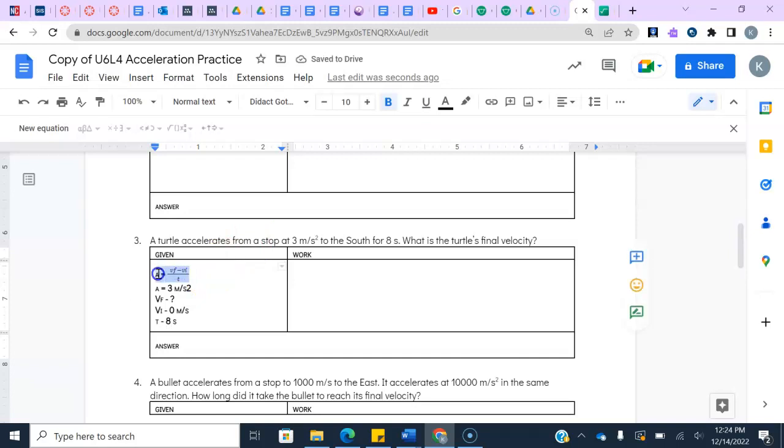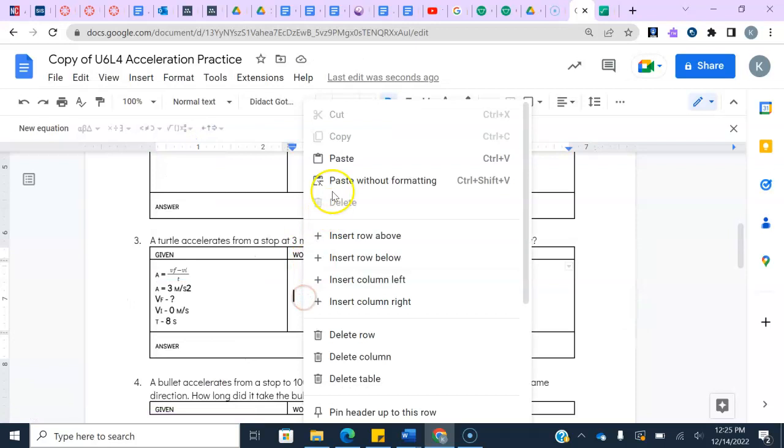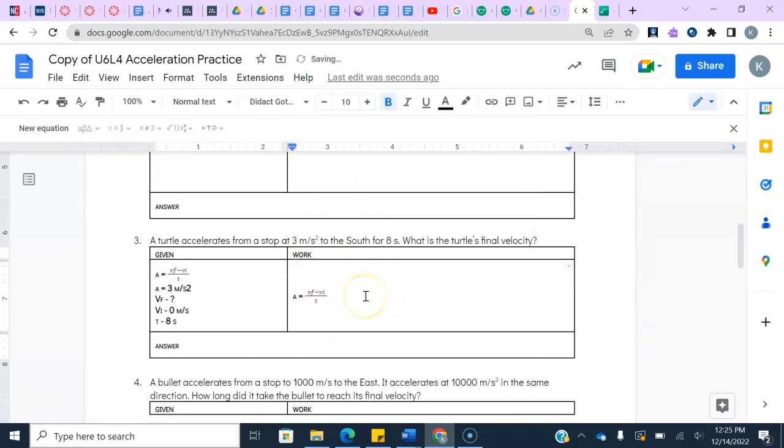Okay, so just like before, we're going to use our same formula, but this time we're solving for VF instead of A. Okay, so here our acceleration is 3 meters per second squared. And we're going to plug in what we know. So we don't have a VF, so we're just going to go ahead and type in VF because that's what we're solving for, minus 0 meters per second, because we know that is our initial velocity, all over 8 seconds.